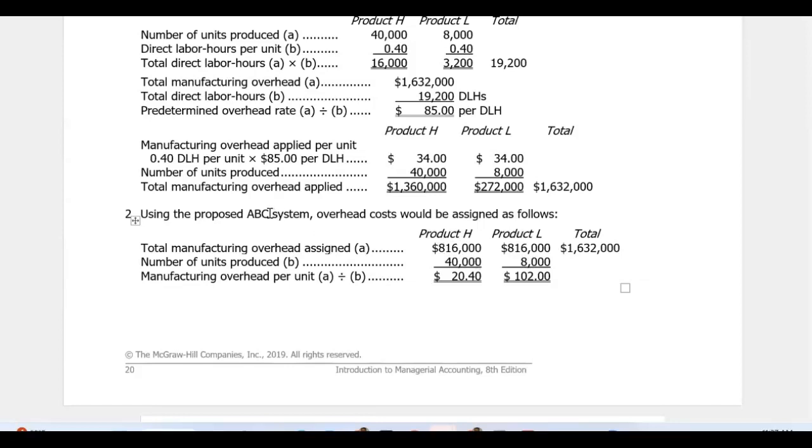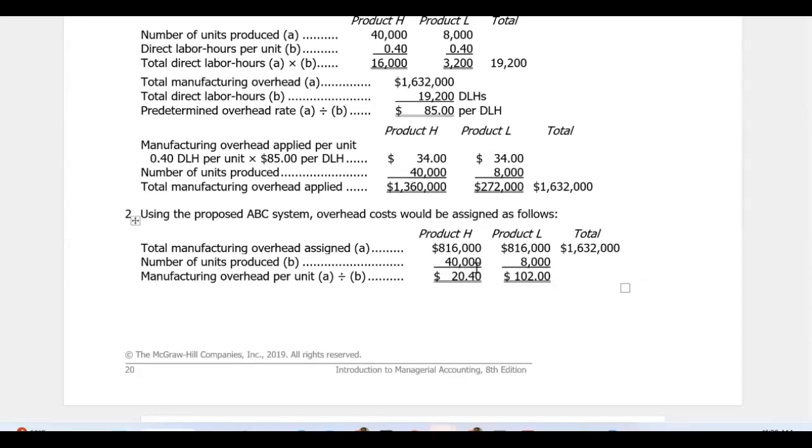So if you use the ABC system, the manufacturing overhead goes from high volume product to low volume product, and the low volume product gets more manufacturing overhead cost per unit. Make sense? From high to low.